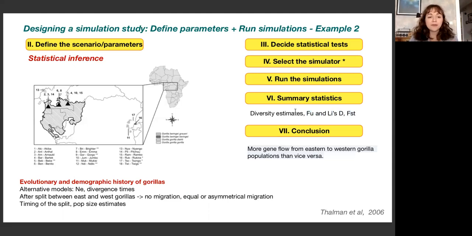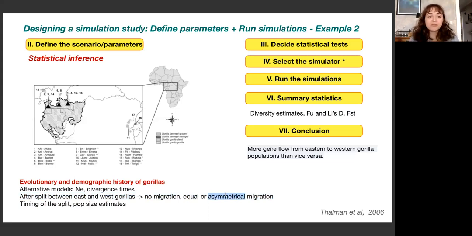They investigated their question, and as a result, when they ran the simulations under these scenarios, their conclusion was that there was more gene flow from the eastern to the western gorilla population than vice versa. So there was asymmetrical migration.